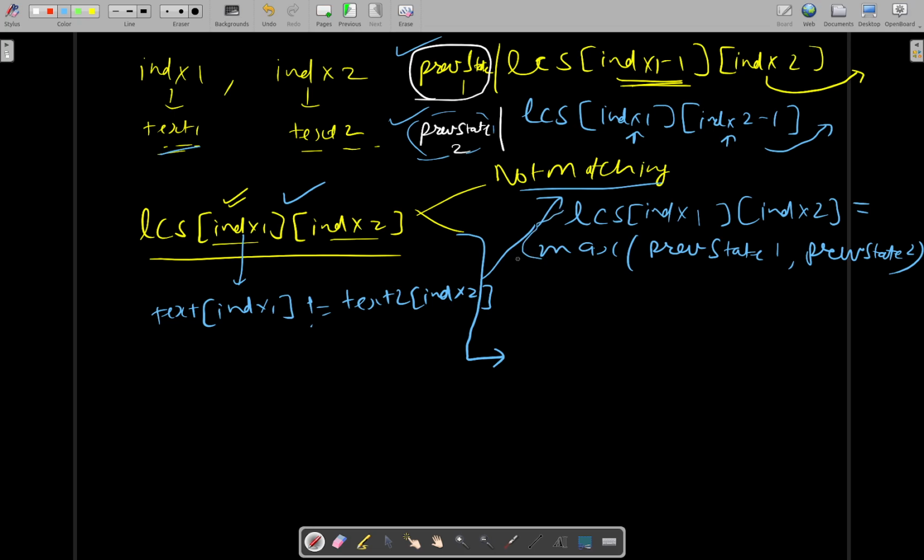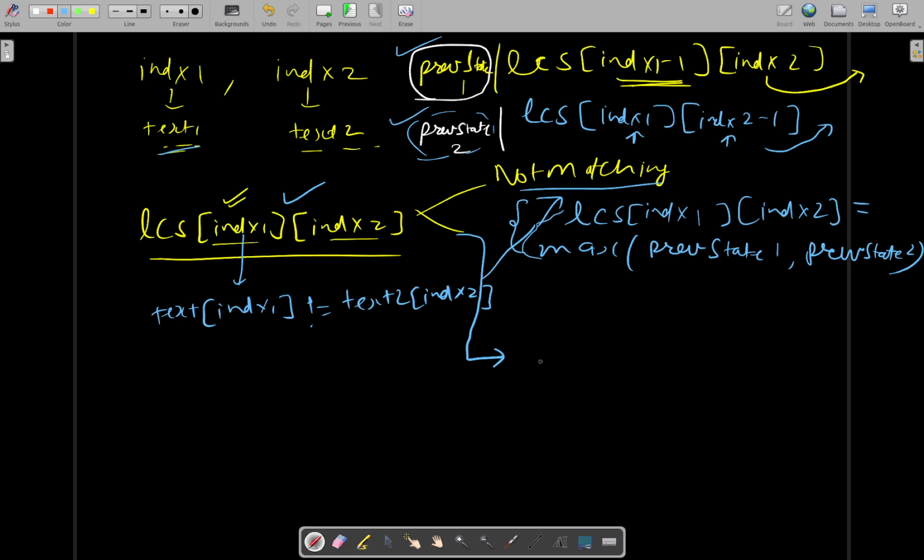Okay, so in case the characters are matching, your LCS will certainly increase by 1, since a new character will be added that is common to both of the subsequences. So you will have two options. Either you can take the new character in your common subsequence, or you can ignore that new character altogether.